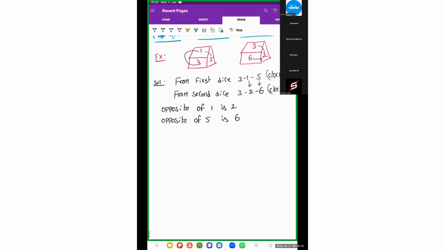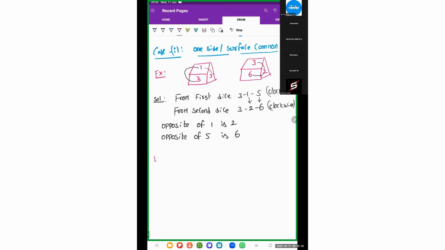Next, I will give one more example. You see these 2 dice.